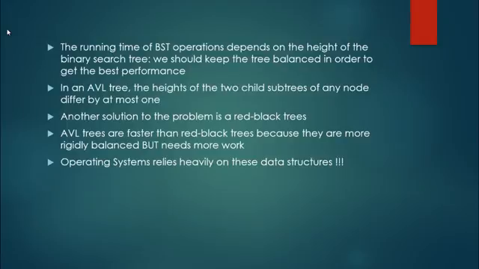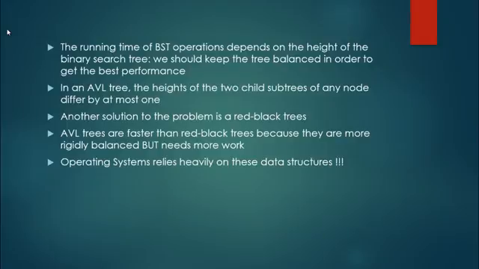And if it becomes unbalanced, we have to make rotations in order to rebalance it. In a red-black tree, we do not bother about reconstructing it so frequently, so that's why we have to do more work with AVL trees.